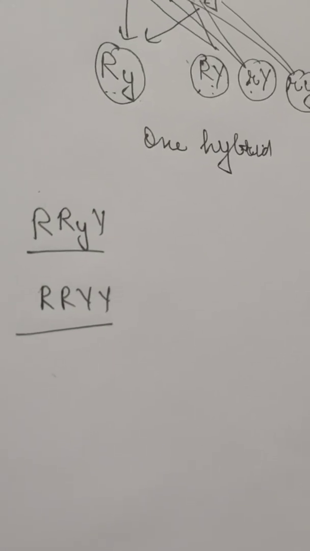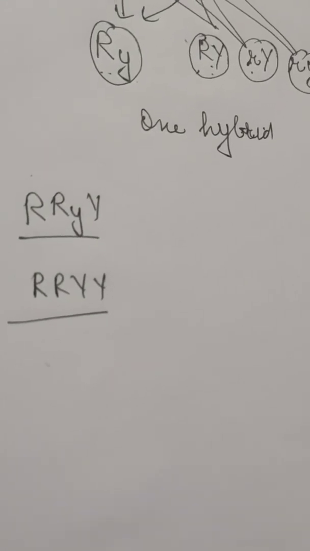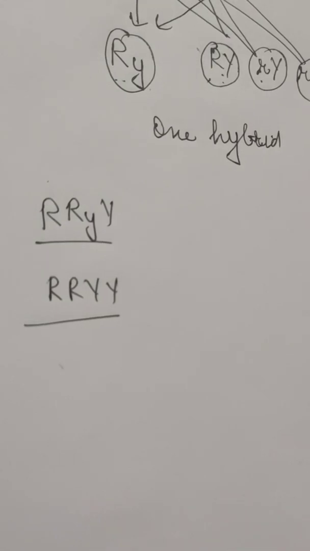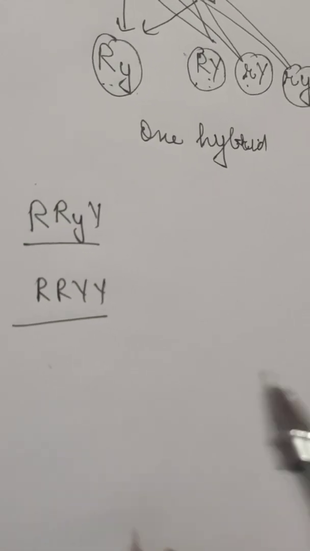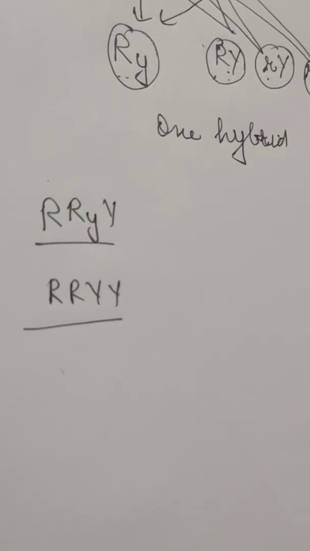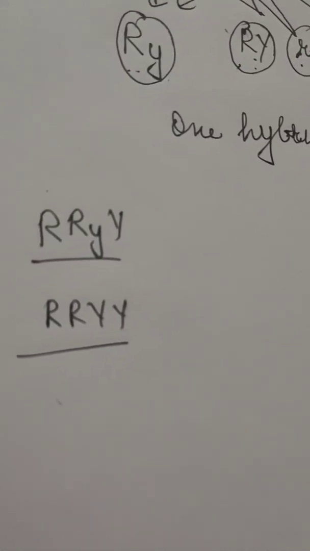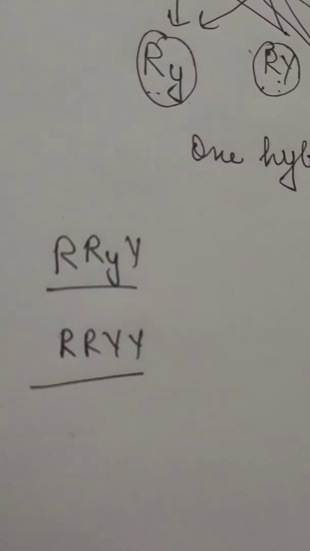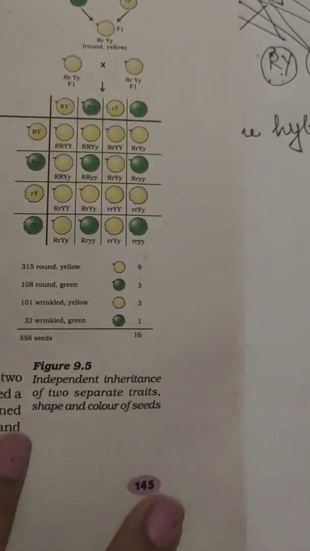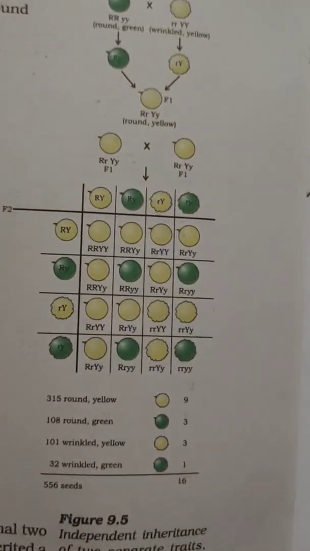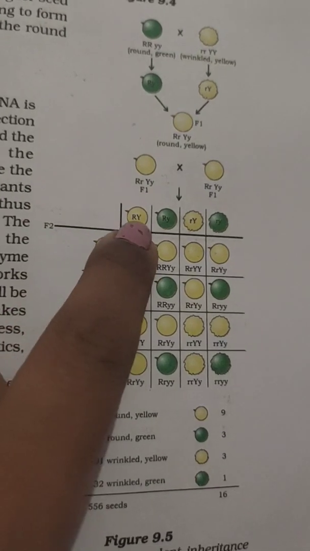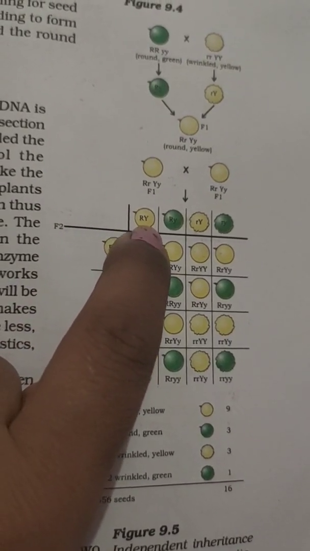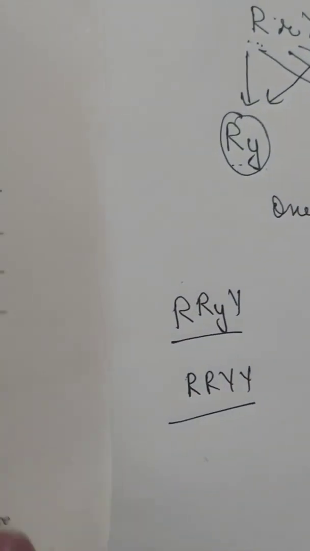Till then, please do the questions which will be given to you as your homework assignment, and this can be easily explained here as well. Don't need to draw a chart. So if like this capital R and capital R, and this is capital R and capital R, this is what we got from this crossbreed.